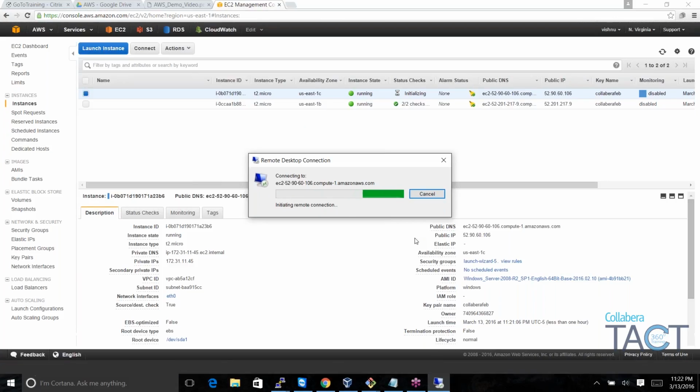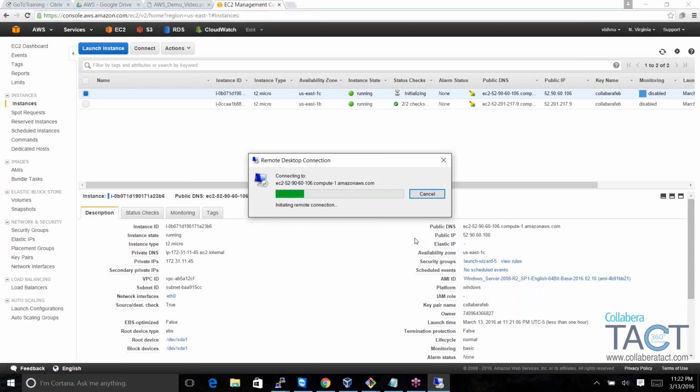Typically, a Windows machine normally takes 3 to 4 minutes to come into the running state. Running state generally means the machine is running and you should be able to log in. This is typically going to take, as I said, 3 to 4 minutes. So this machine is running.